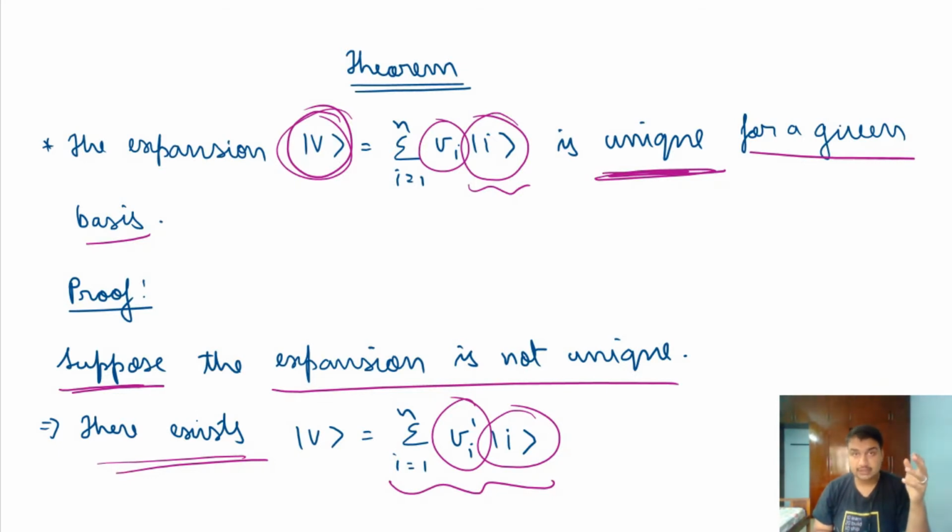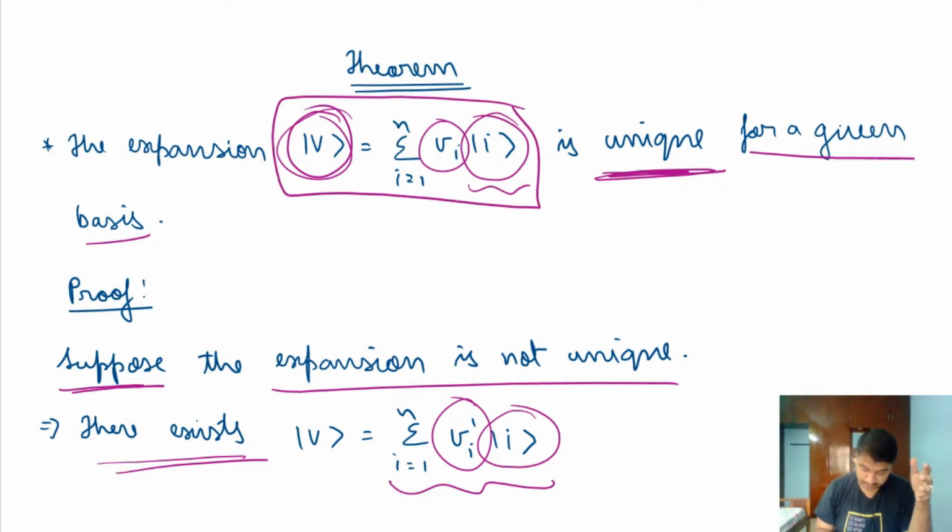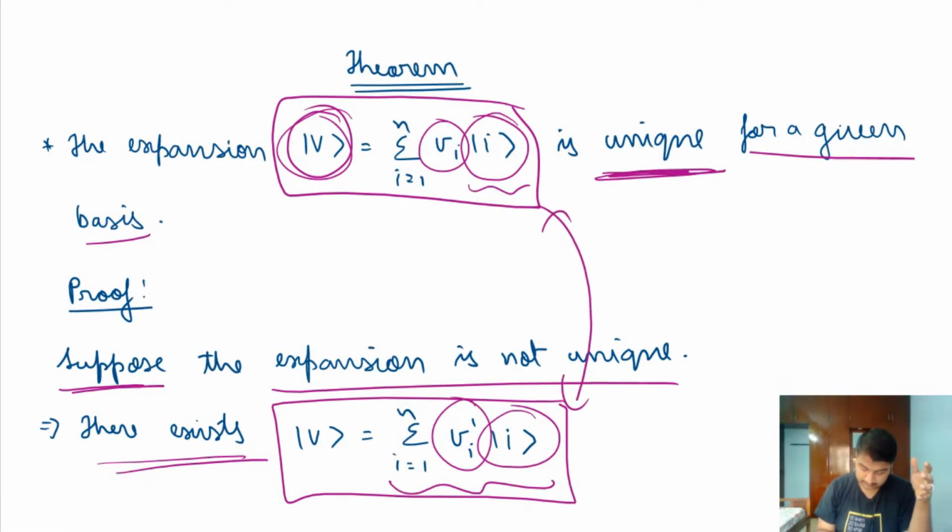If such an expansion exists, then I can always subtract these two equations. Then in the left hand side, I'm going to subtract a vector with itself, which means I'm going to get a null vector. So we will have the following equation.